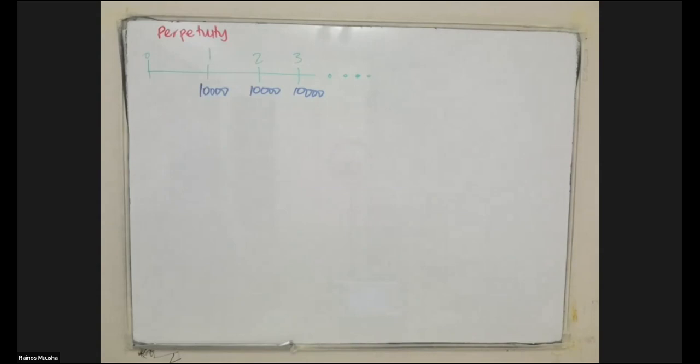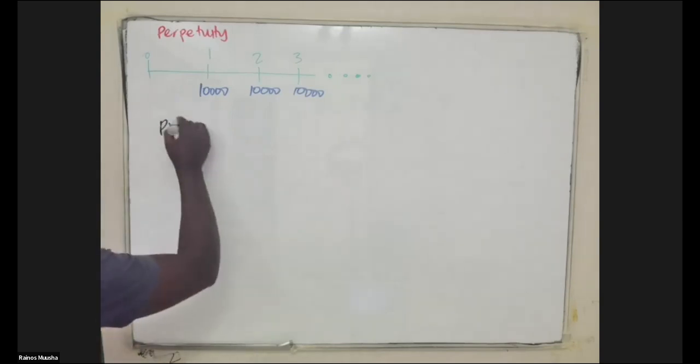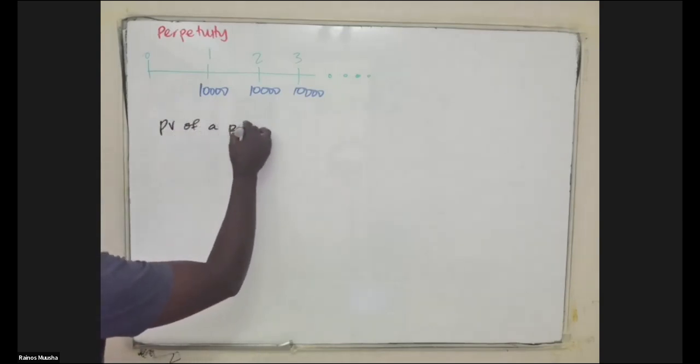So whenever they say the cash flows are forever, infinite cash flows, or an endless stream of cash flows, or that the cash flows are going to be received or paid forever, then you know you're dealing with what? A perpetuity.